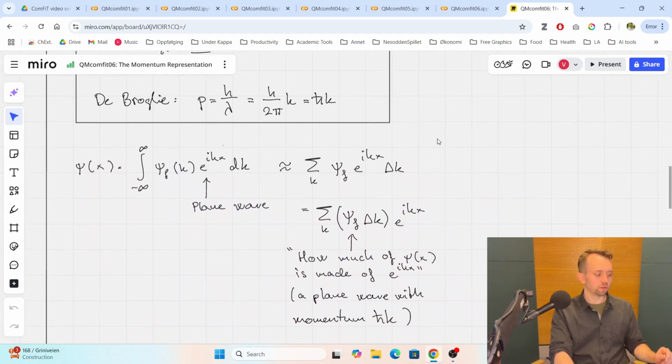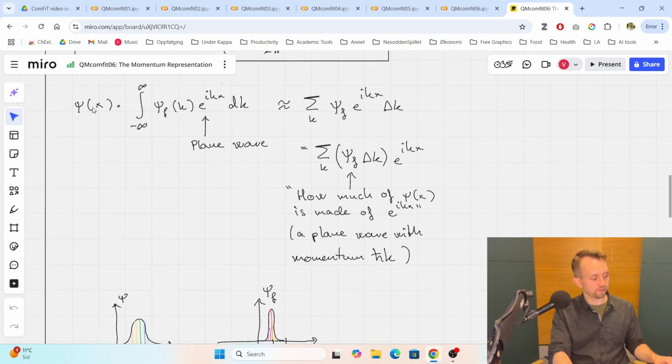But if we now look at the inverse Fourier transformation, we can see that if we discretize this integral as the sum over k values, so we replace the integral with the Riemann sum, we see that actually we can look at this original function as a sort of sum over these wave number amplitudes multiplied by the corresponding plane wave.